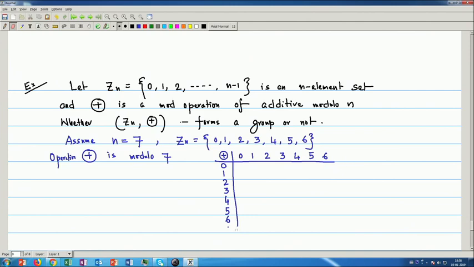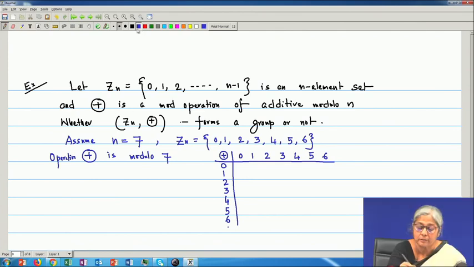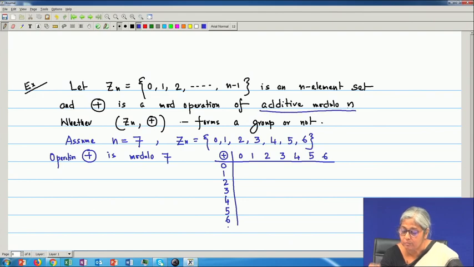Now, because it is additive modulo n, that means every time we will add and divide by 7 and take the remainder.